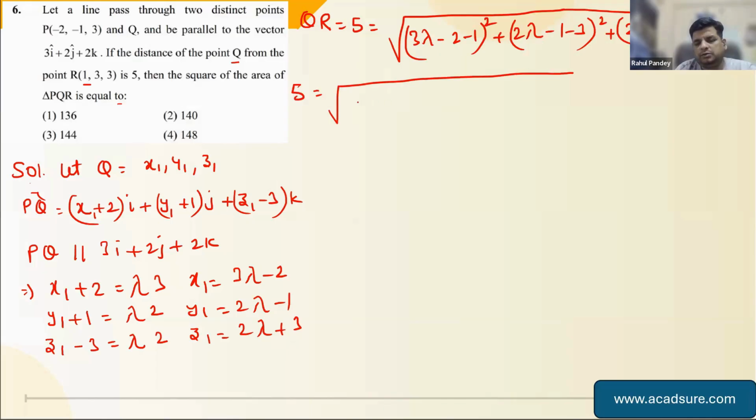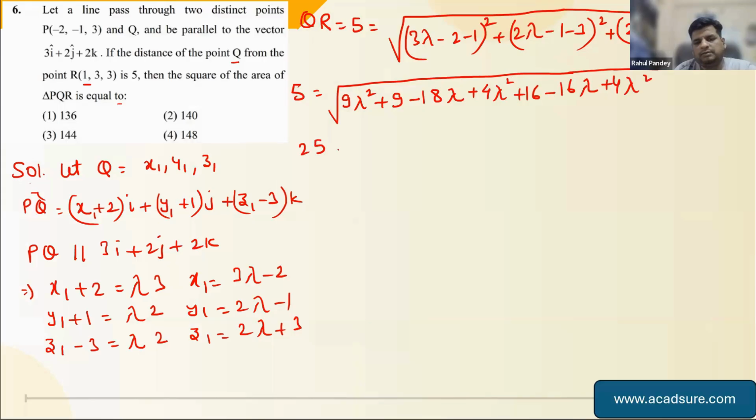(3 lambda - 3) whole square is 9 lambda square + 9 - 18 lambda, plus (2 lambda - 4) whole square is 4 lambda square + 16 - 16 lambda, and this is (2 lambda) whole square, which is 4 lambda square.